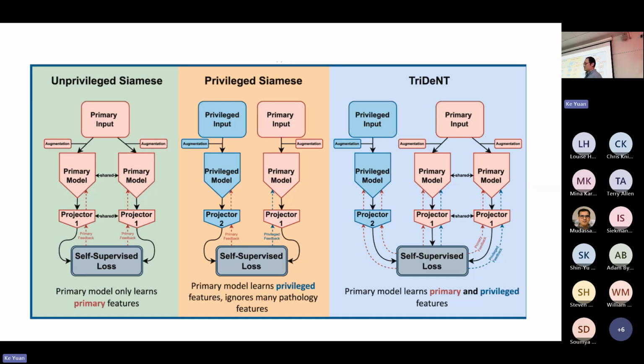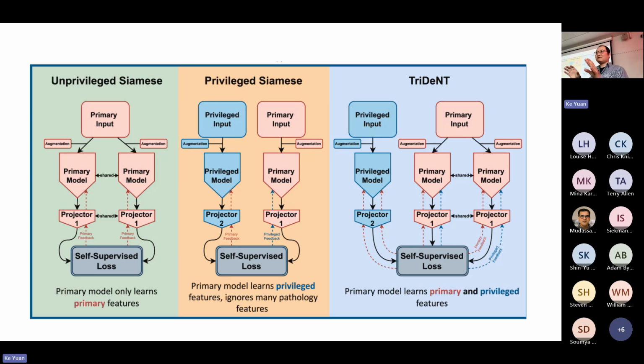Trident is different from contrastive learning by introducing an additional channel in the primary case. In our case, the primary modality is H&E. What we found when we tried this exercise with contrastive learning is that the learned model quite often has to find a compromise between appearance features that can be found in H&E and spatial proteomics, and it's only able to learn the features that exist in both modalities.